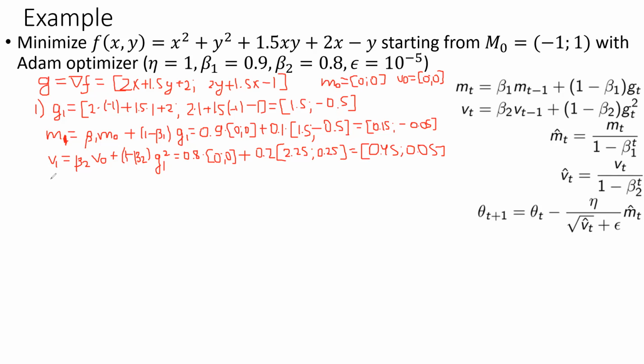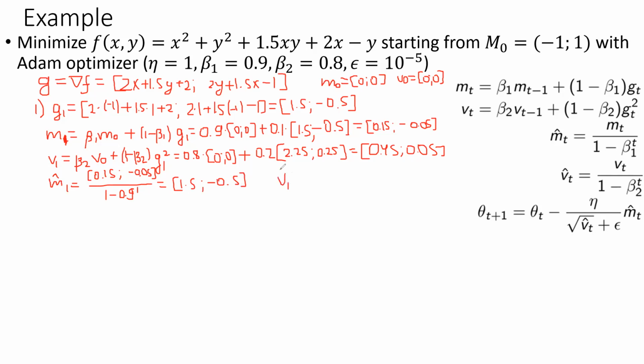Now we move to m hat 1, which will be just m1, our vector, divided by 1 minus beta 1, which is 0.9, to the power of 1. So it will be just division by 0.1, which will restore our initial gradient, which is nice.